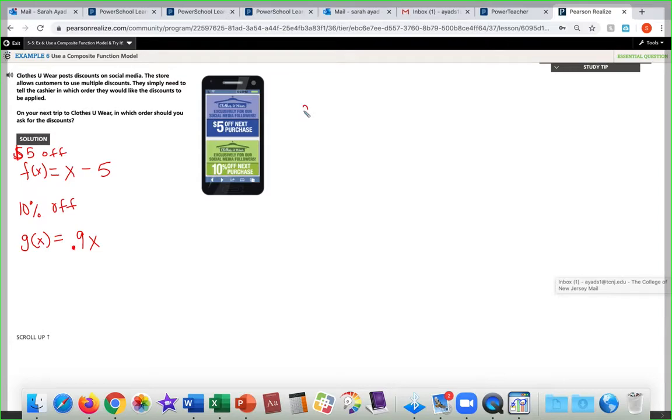So I have f of g of x or g of f of x. In other words, do I want to take the $5 off and then the 10%, or do I want to take the 10% off and then the $5? So if I was doing f of g of x, that would mean I'm taking something minus 5 and plugging in the 0.9x.